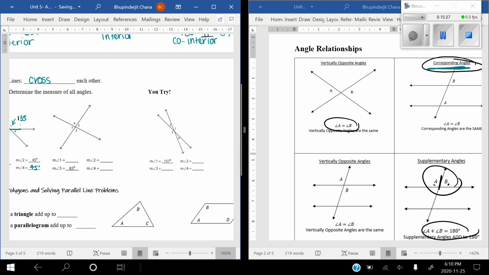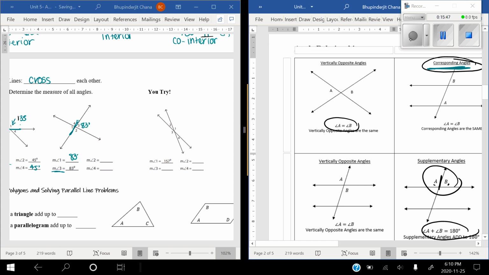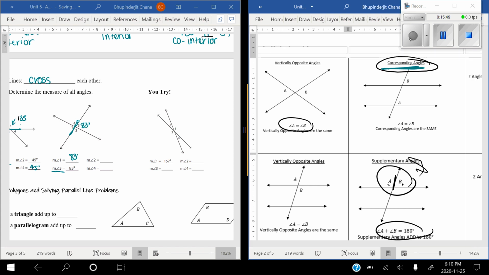All right, one more together. If angle 3 is 83, that means angle 1 is also 83 because they're vertically across from each other. Now let's focus on 2 and 3. Their relationship is supplementary. Supplementary means that they're together.